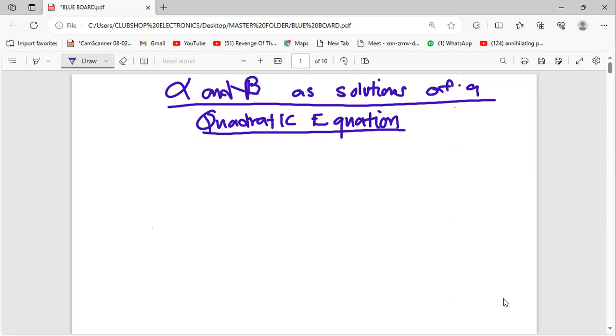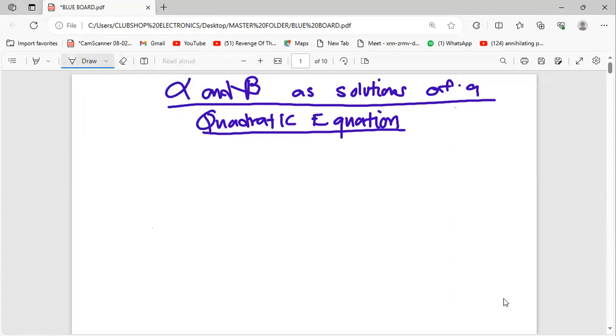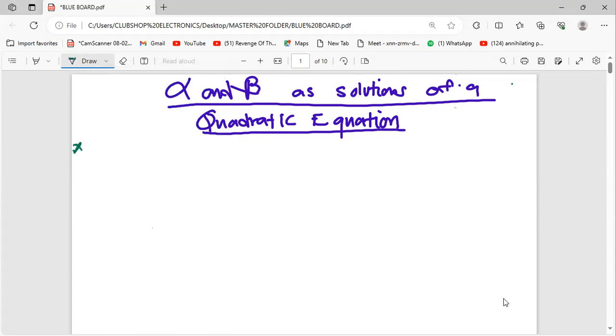Now we can say, suppose we have our quadratic equation x squared plus bx plus c is equal to 0.